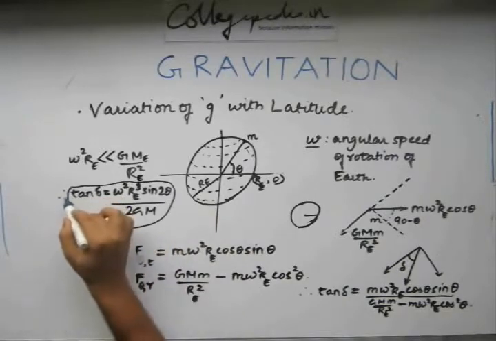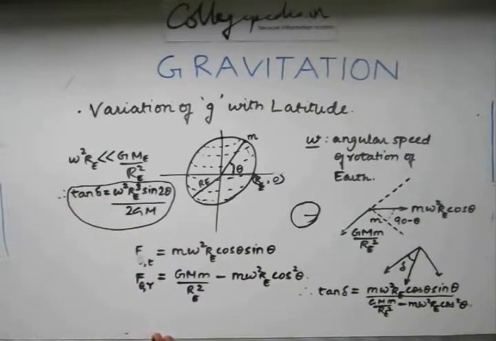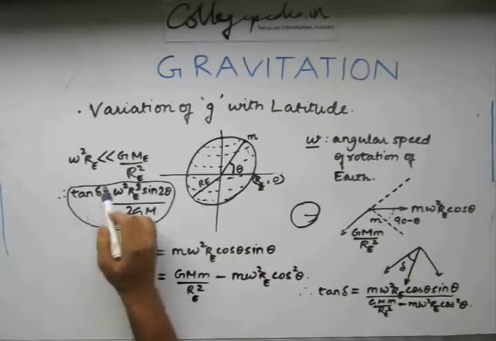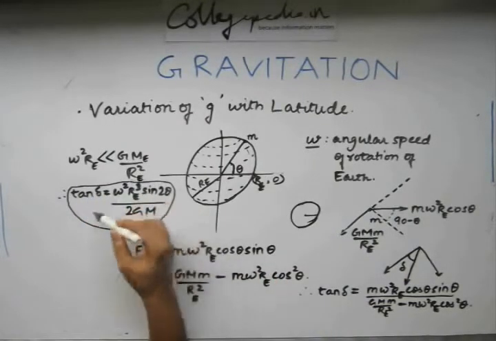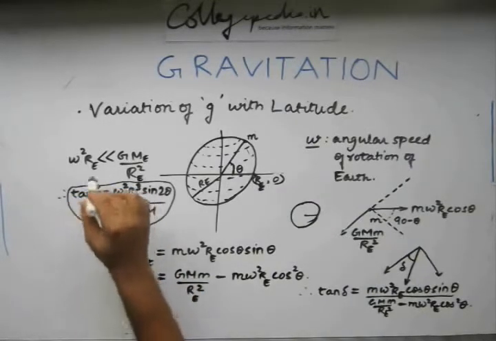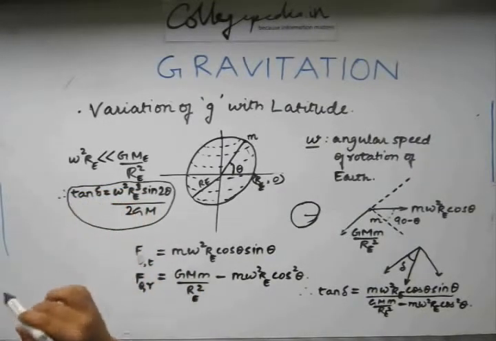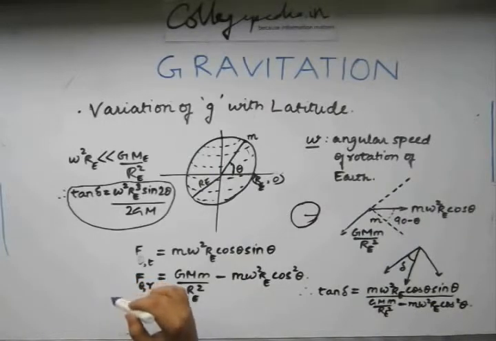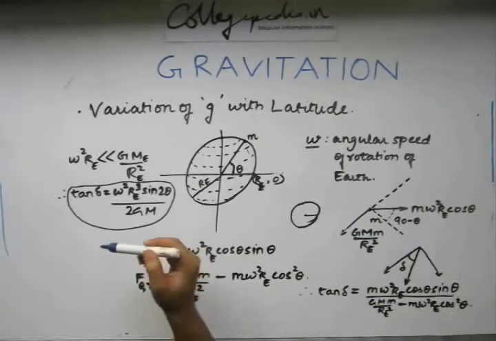This is a very important result with respect to geology and astronomy and calculation of g when we change latitudes. The knowledge of tan delta will give us a lot of information regarding the earth. In other words, if we want to know at what latitude we are, we just need to know the value of tan delta from a list of values which can be found in any good book.